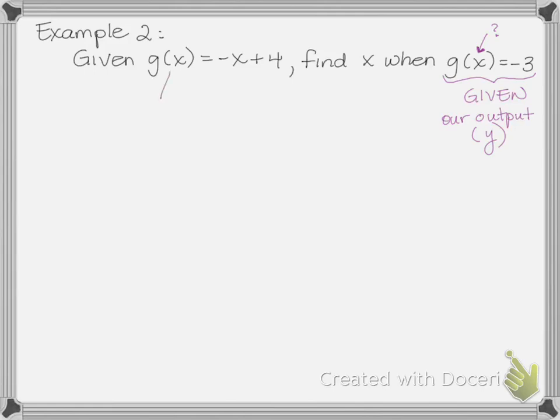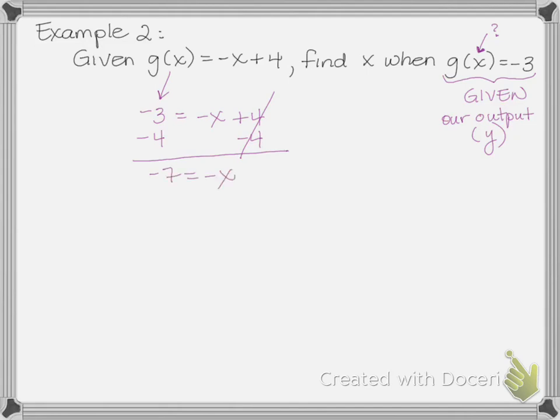So let's rewrite our function. So g of x has been told to be negative 3, equals negative x plus 4. We're looking for the x. Basic, very simple algebra equation. I need to subtract 4 on both sides. Negative 7 equals negative x.